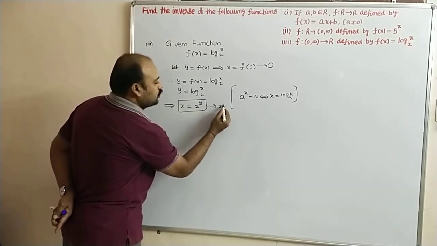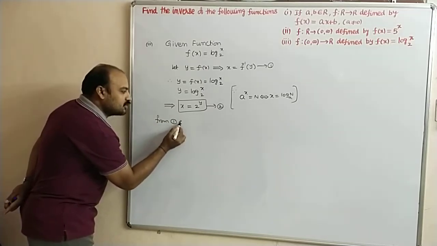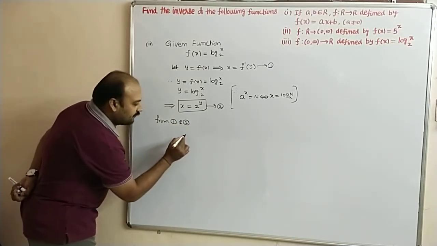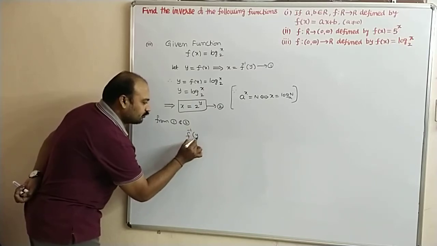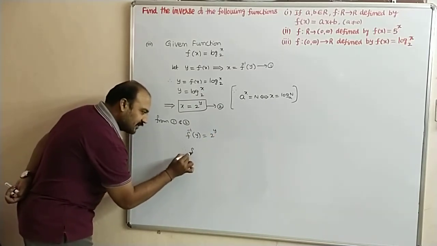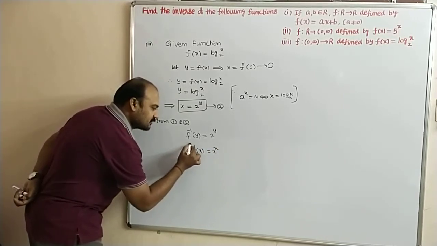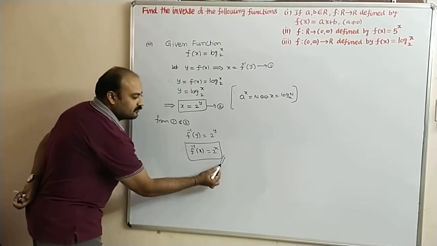Equation number 2. From 1 and 2, f inverse of y is equal to 2 power y. We want f inverse of x now. So f inverse of x is equal to 2 power x. We got the answer.